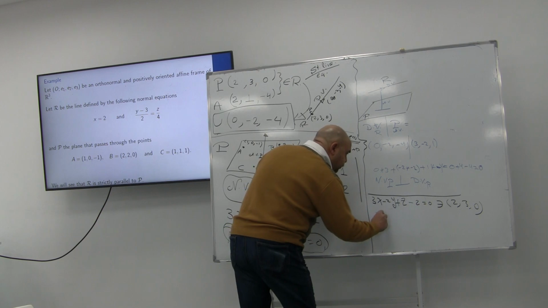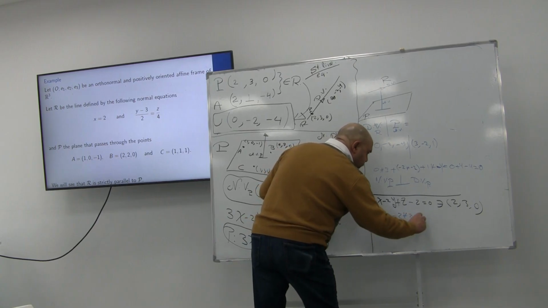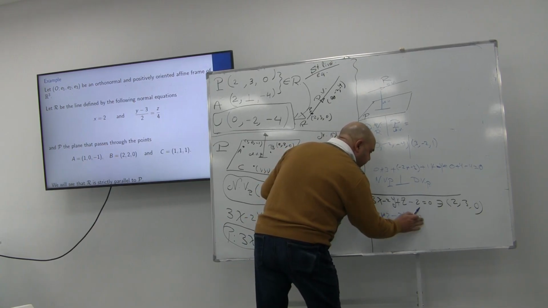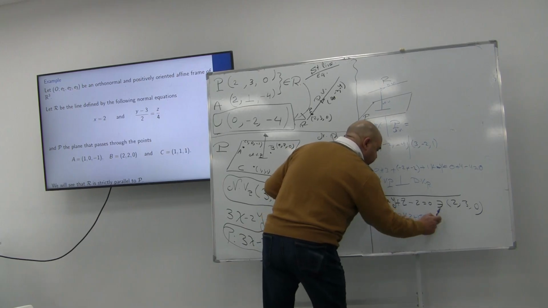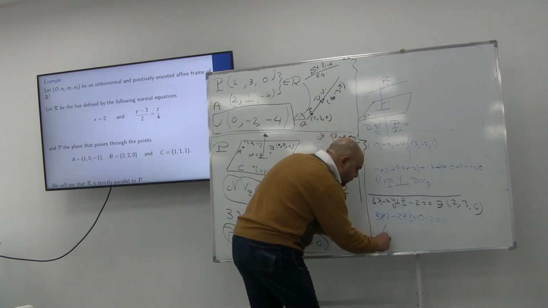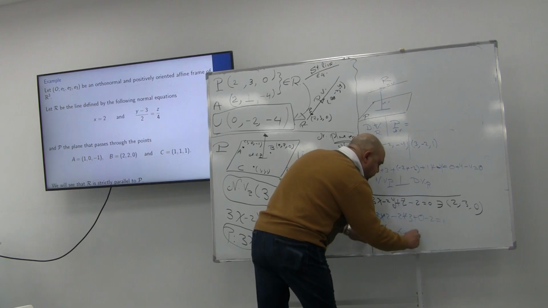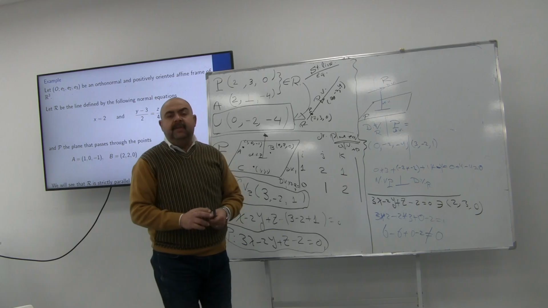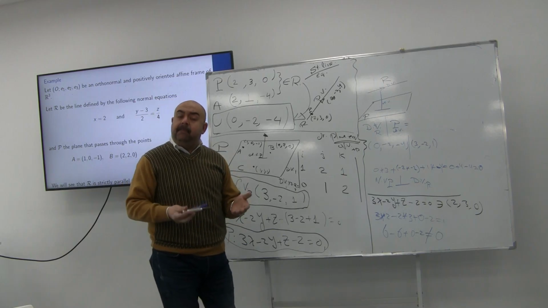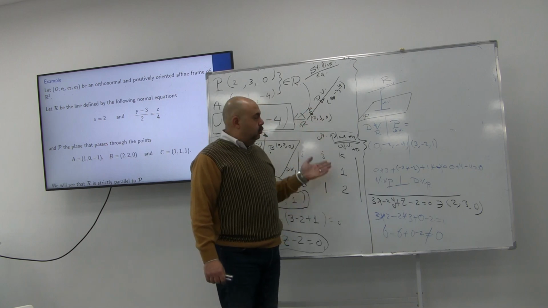It's going to be 3 times 2 minus 2 times 3 plus z replaced by its value, which is 0, minus 2 equal to, let's see, 3 times 2, which is 6, negative 2 times 3, which is negative 6, plus 0 minus 2, which means it doesn't equal 0, which means they are not sharing the same points. So this straight line is parallel to this plane.